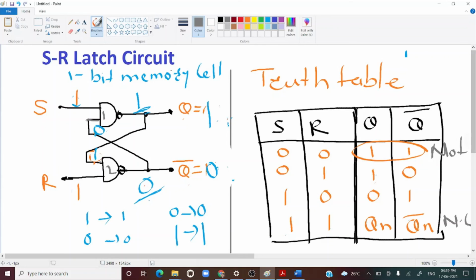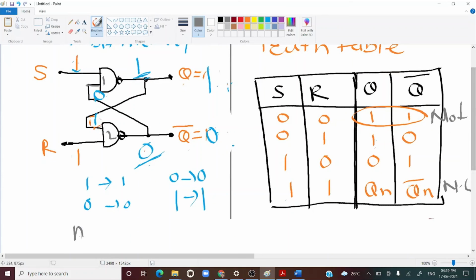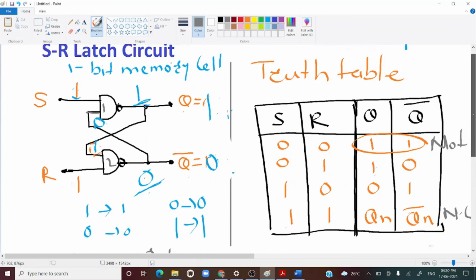And here this circuit works as a memory. We have called it as a 1-bit memory cell because here it is acting as a memory, means whatever was stored in that flip-flop remains there, means whatever was stored in the latch, it remains there. If Q is 1 and Q bar is 0, it will remain in the same state. If Q was 0 and Q bar was 1, it will remain in the same state.